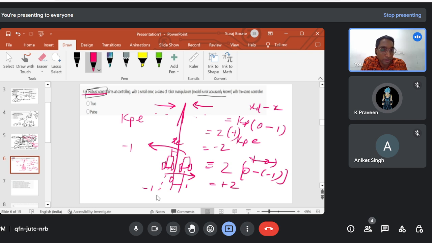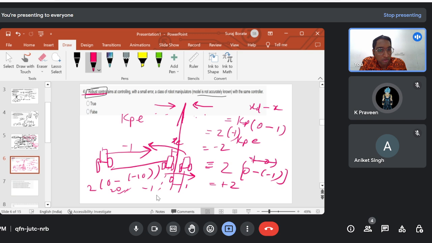And if you are very far, let's say the error is more, it will be 2 into 0 minus, let's say, -10, so it will be 20. So the further you are, the faster you will be pulled. So for your particular application, you will choose the Kp and Kd.